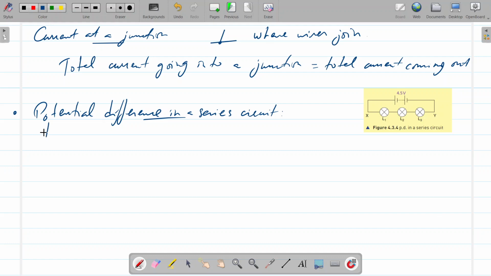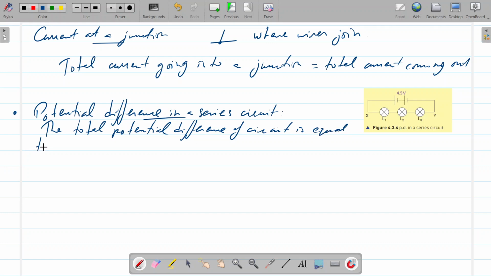So the total potential difference of the circuit is equal to the sum of potential differences across each component of the circuit, right?